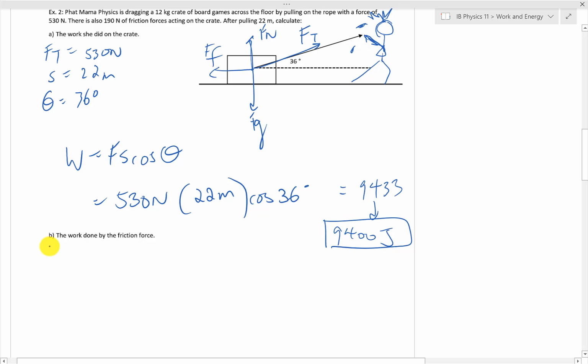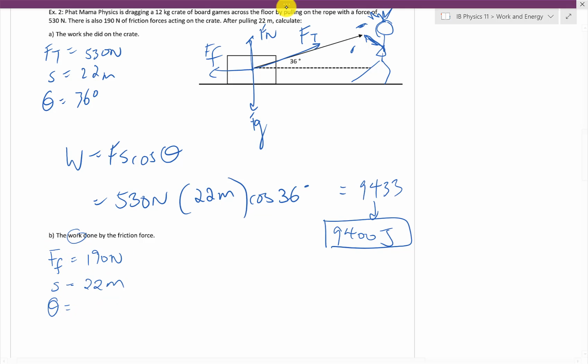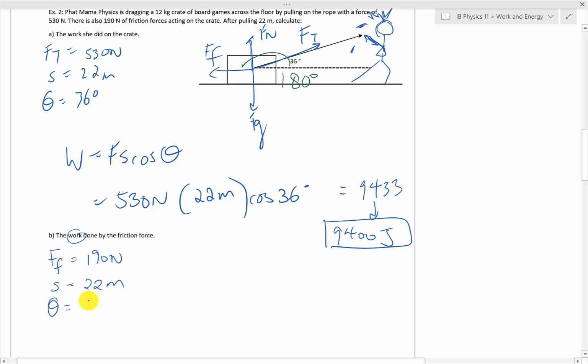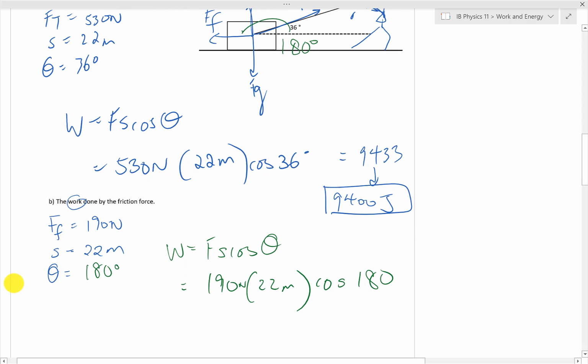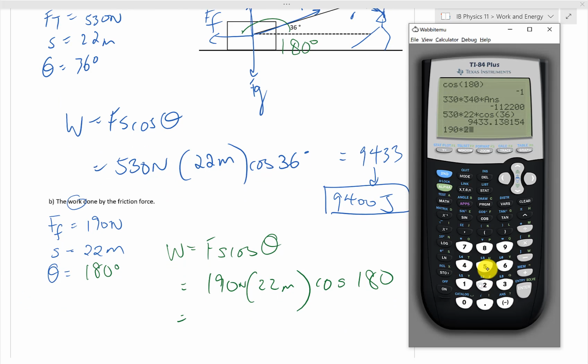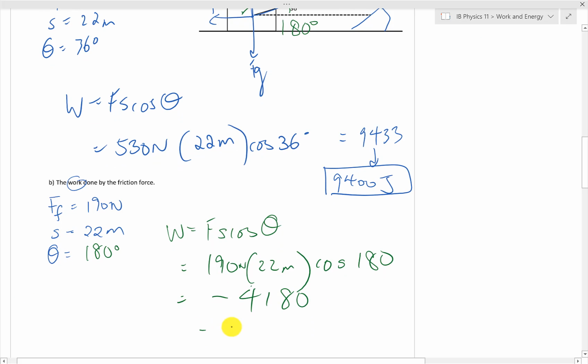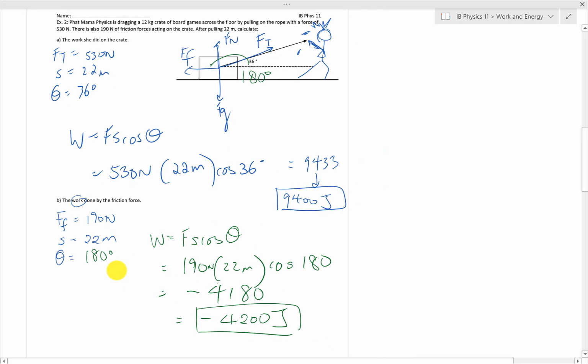And that gives us a total of 9,400 joules. As for the work done by the friction force, we only use the 190 newtons. We don't care about the other forces. But that force makes a 180-degree angle with the direction of the displacement, meaning we have to put in cosine 180, which then makes everything negative, giving us negative 4,200 joules.